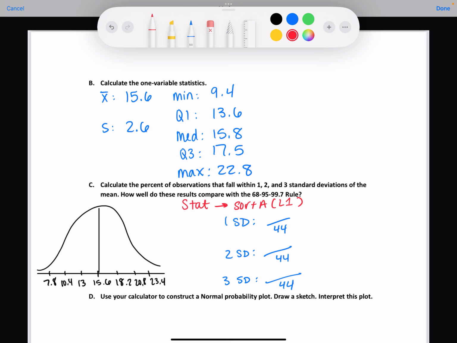How many did y'all get? 31. Okay. So 31 out of 44.